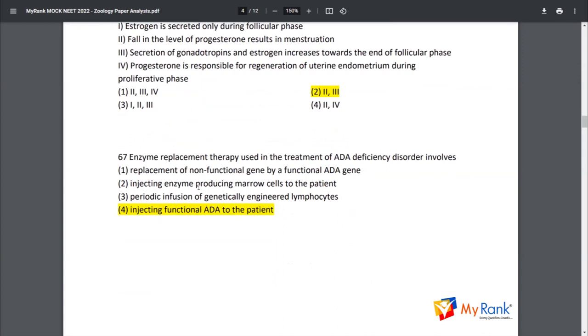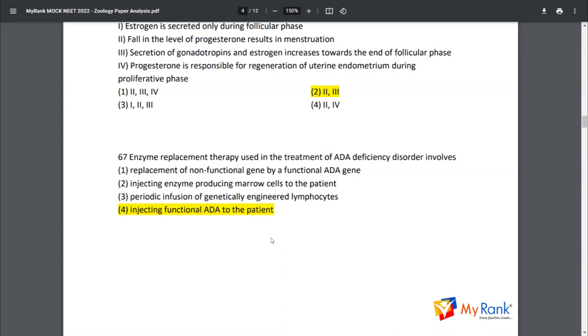Moving to question number 67. Enzyme replacement therapy used in the treatment of ADA deficiency disorder involves... Now, here make a note. It clearly states enzyme replacement therapy. So, for enzyme replacement therapy, what do we do? We inject the functional ADA into the patient.